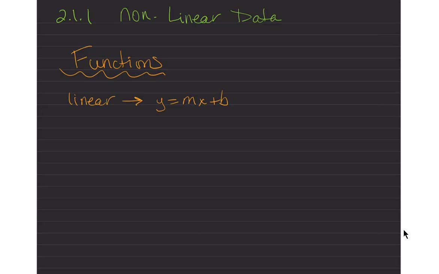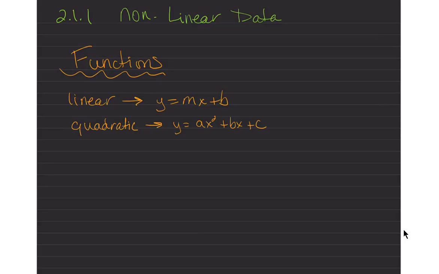we know it's always going to be linear. Then we started spicing things up in life, and we got to this thing called the quadratic. The standard form of a quadratic function is y equals ax squared plus bx plus c. And we're good at factoring those now, aren't we?